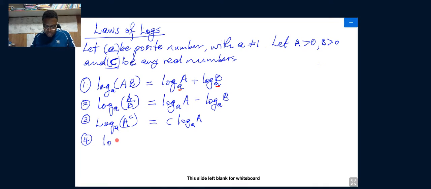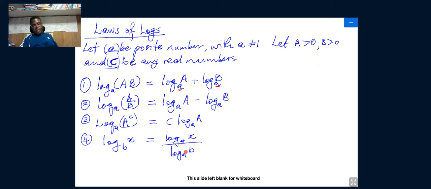We have log x base A divided by log B base A. What happens here?